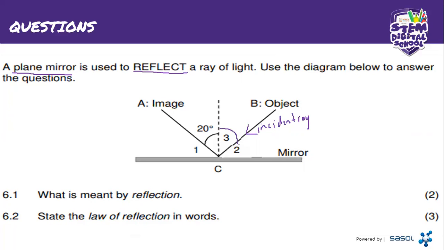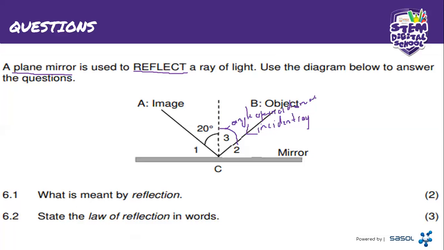Then, angle number 3 is the angle between the normal and the incident ray. So this is the angle of incidence.